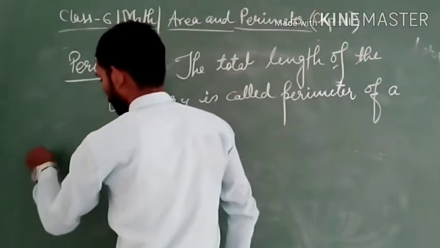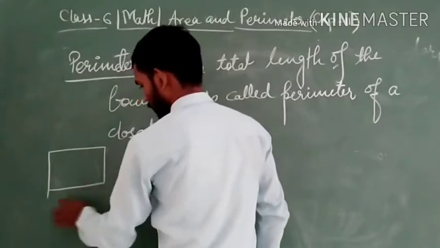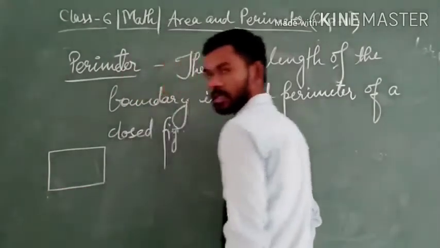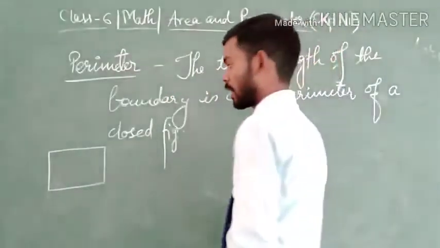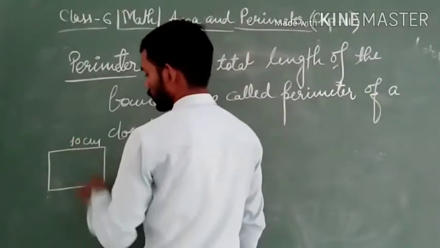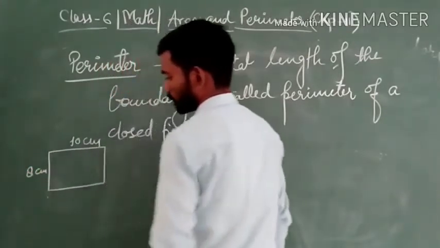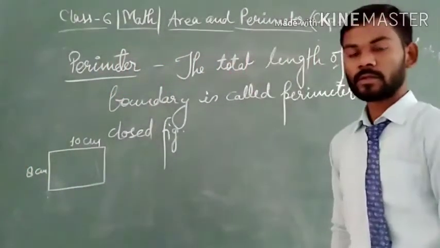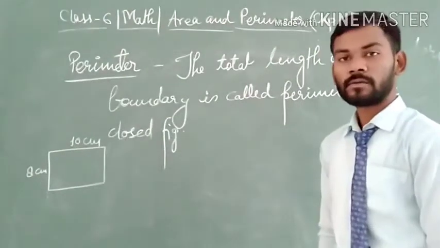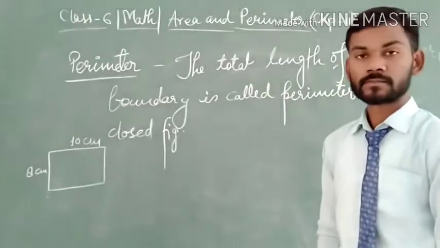So, if I draw a rectangle, this is the rectangle, okay, and just suppose that the length is 10 centimeter and the width is 8 centimeter, and we have to find the perimeter of the rectangle.